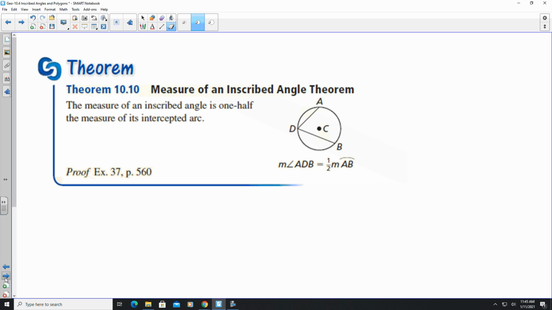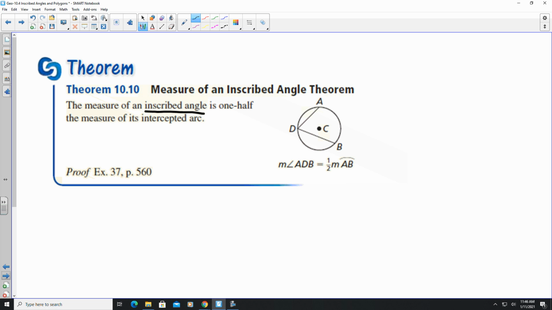So looking at this with respect to the theorem, if you have an inscribed angle, in this case here, the measurement of ADB is going to be equal to half the measurement of this arc.